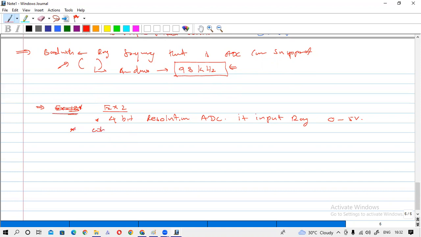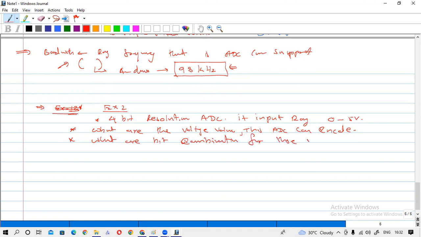Can you find what voltage values this ADC can encode, and then what the bit combinations are for these voltage values?